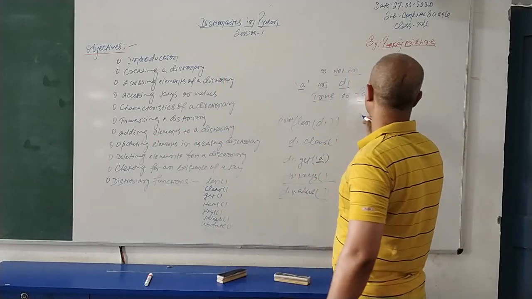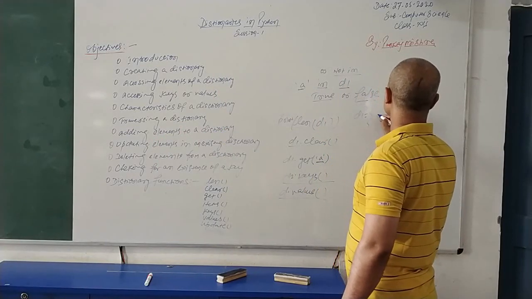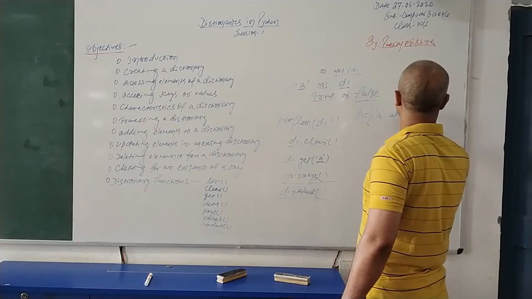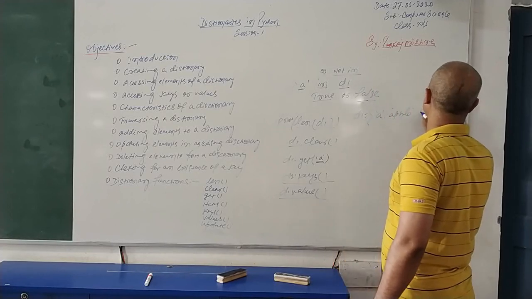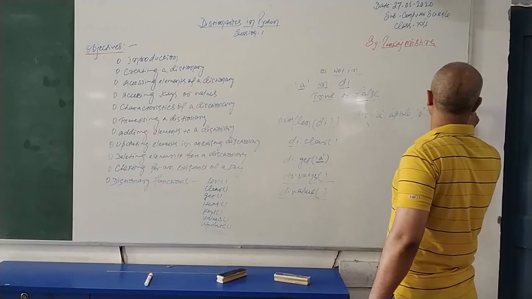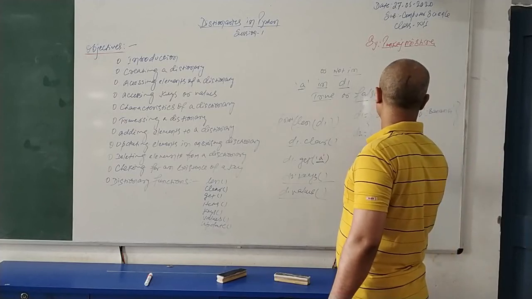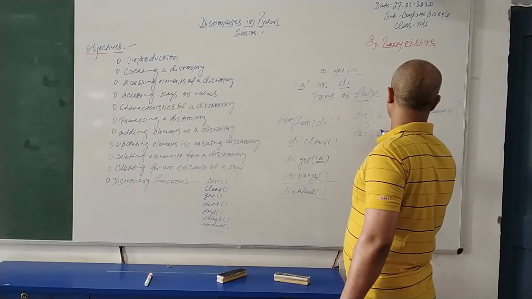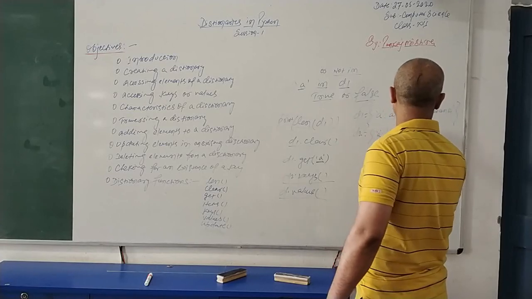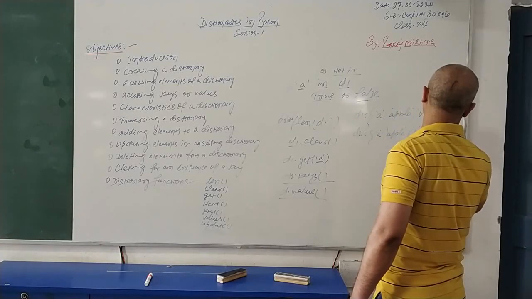Suppose there are two dictionaries, D1 equal to, and we have A for apple, and then we have B for banana. Now here in D2 I have again A for apple, and then we have B for ball.